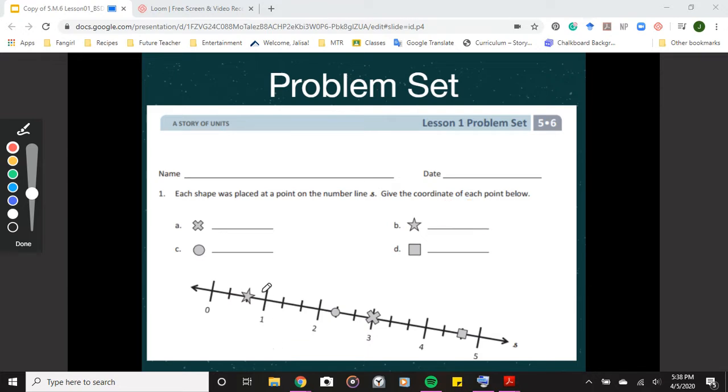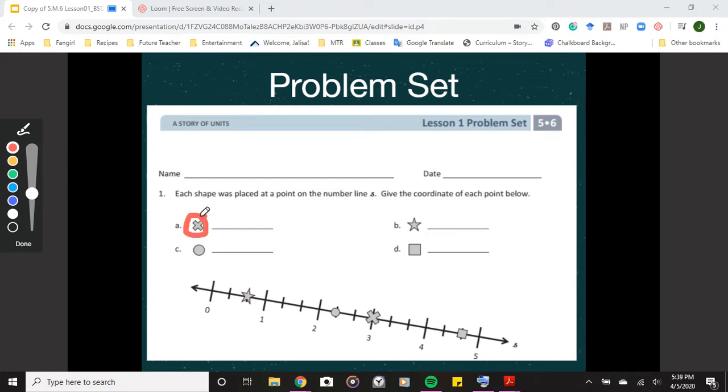Now, we can continue to label these as we go on, but it's important to note that this mark right here is going to represent 1/3, but it's not just going to represent 1/3, it's going to represent 1 and 1/3 because it's past the whole number 1. Okay, so make sure that when you're labeling them, that you're including the whole number that you pass.